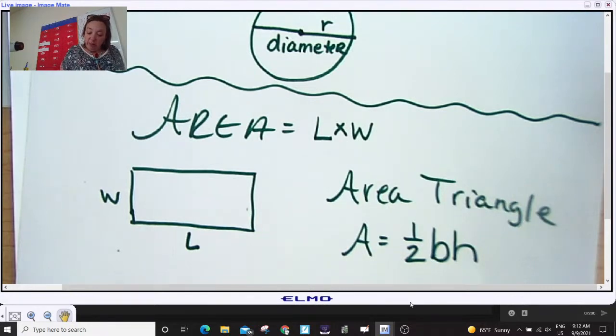Let's talk about 10, 11, 12, and 13 real quick. We're just going to talk about one of them. It says graph each figure with the given vertices and identify the figure. Find the perimeter and area of the figure. I'm going to give you some graph paper so you have something to graph.